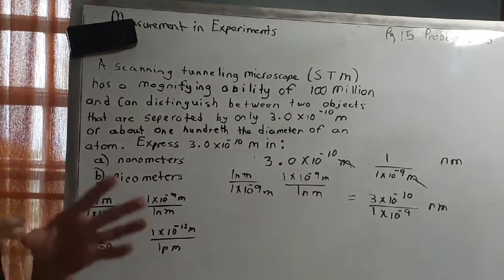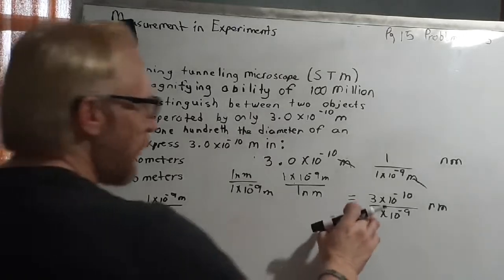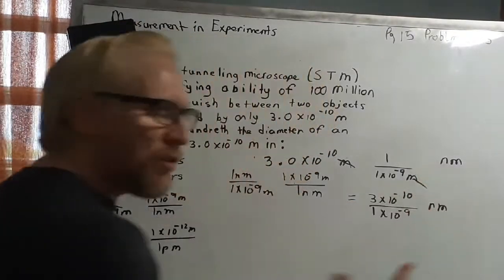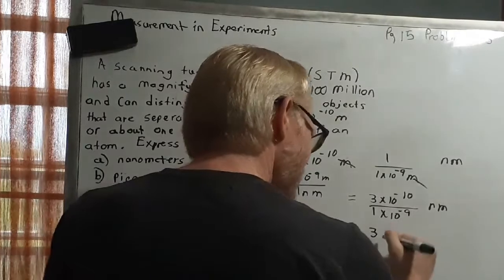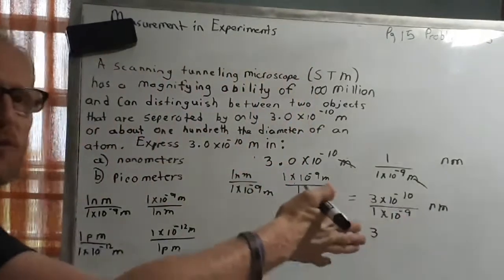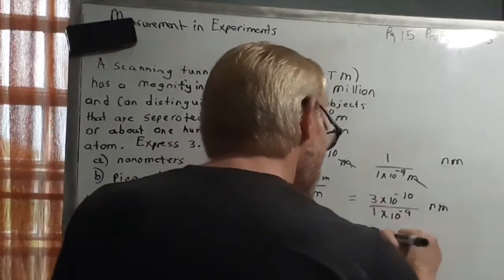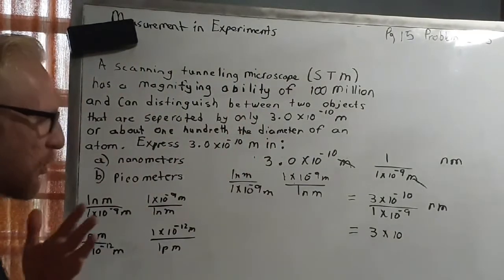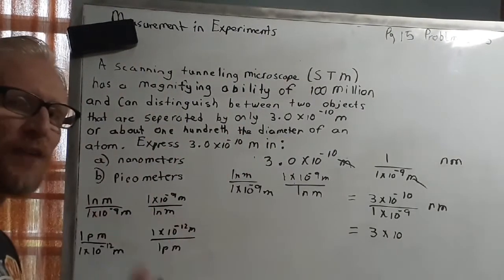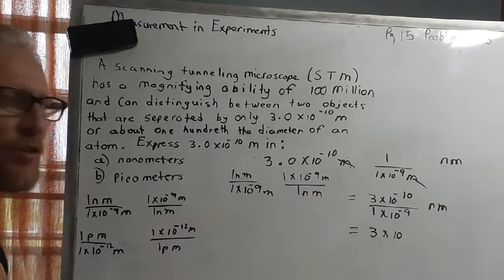So now it's basic math. You're going to divide 3, or 3.0, which is the same thing, by 1, which equals 3. And they both have exponents with the same base, so times 10. And if you remember your algebra, whenever you are dividing exponents with the same base, you subtract them.